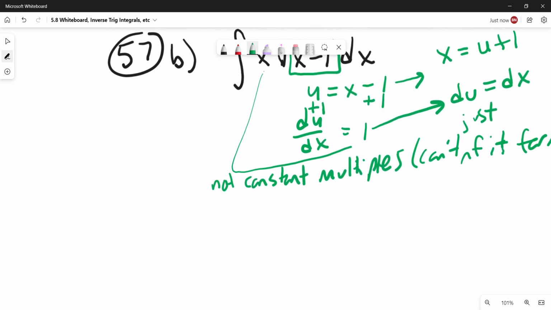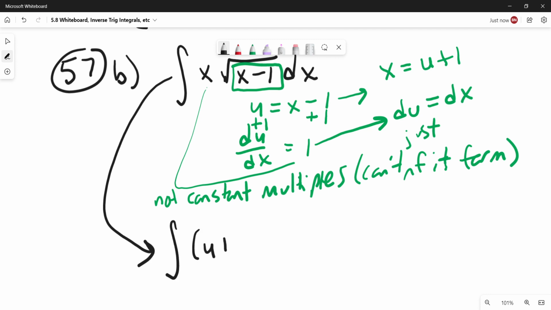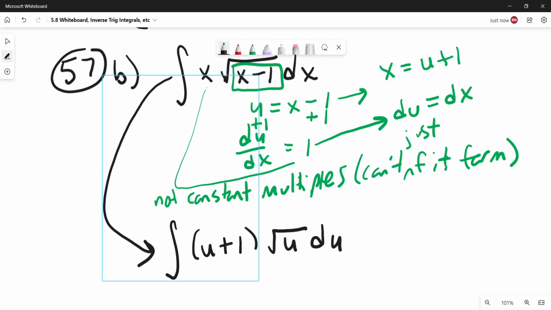So if we want to substitute everything out from this problem, the integral, x is equivalent to u plus 1, times the square root of u times du, because dx is equal to du, we just said.